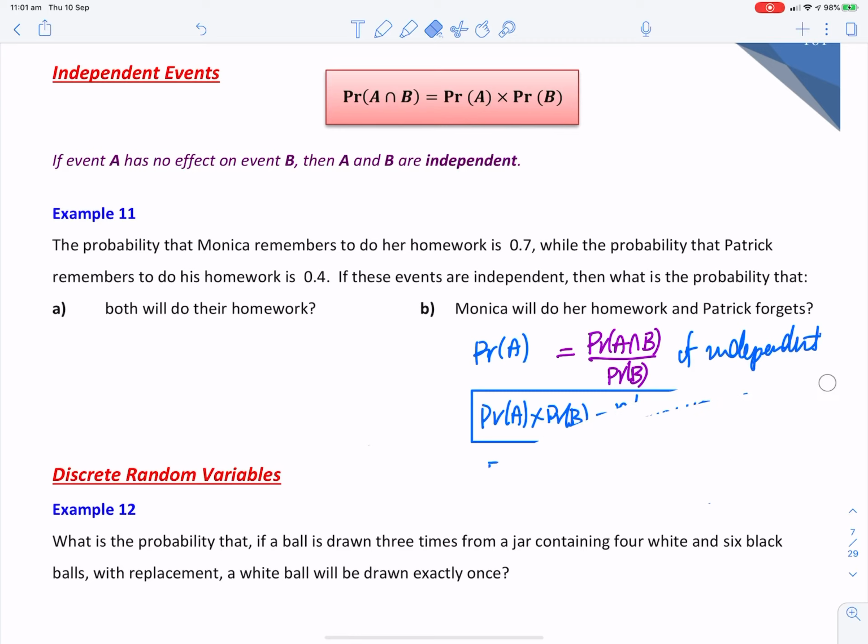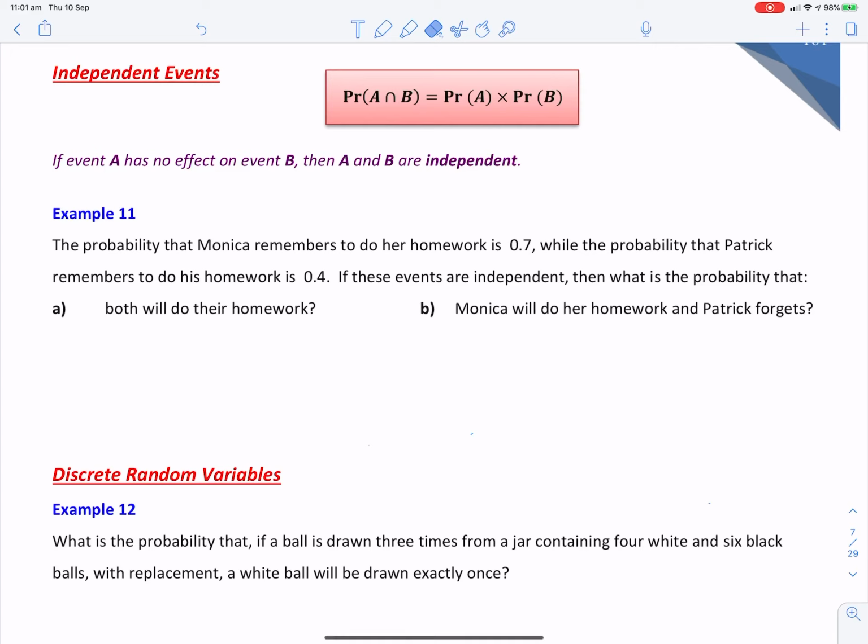So if they say it's independent, we can assume this rule. Or if they ask for independence, we can see whether this rule is true. And if it's true, we know they're independent. So if the event A has no effect on B, then the two things are independent.